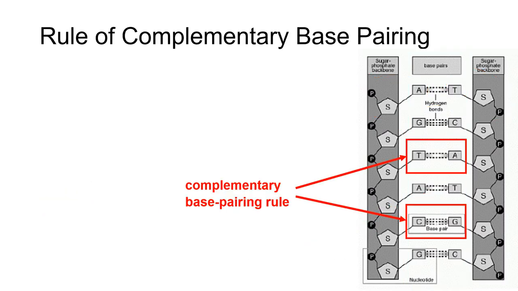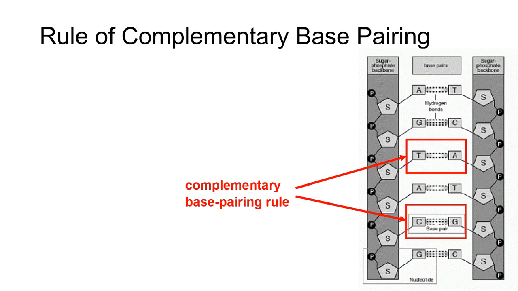Now this bonding, if you look at the picture, is quite unique. It is consistent as well. Adenine is always bound to thymine. Cytosine is always bound to guanine. Let me use letters: A is always bound to T, G is always bound to C, and vice versa.